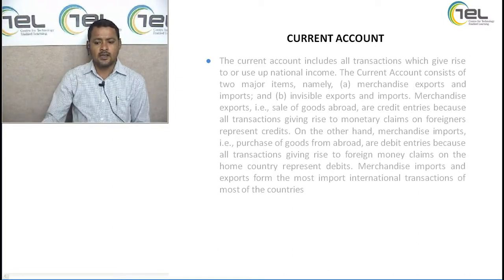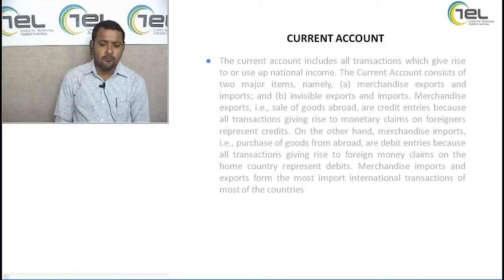On the other hand, when we import merchandise, which means we are purchasing goods from abroad, these are all debit entries, because the transactions give rise to foreign money claims, which means in case of imports, outsiders have monetary claims on us. So these represent debit. Merchandise imports and exports are the most important international transactions of most countries. They form 60-70% of the total balance of payment of the country.